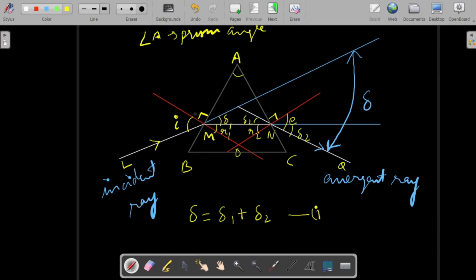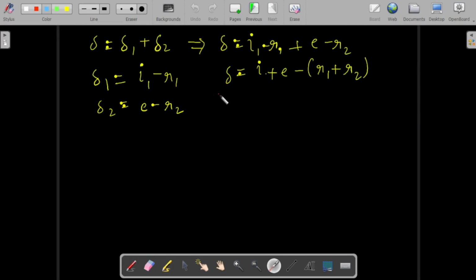And again, angle ANO is also 90 degrees. So in quadrilateral AMON, there are two angles which are 90 and 90 degrees.